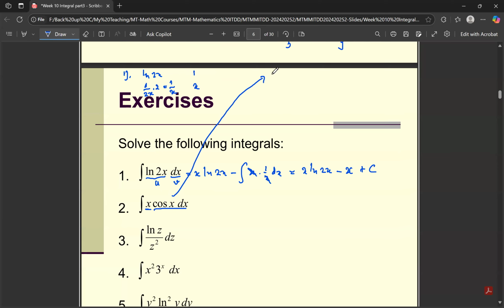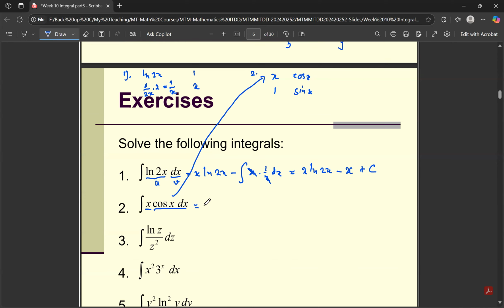So we have the differentiation of x, which is 1, and then we have cos x, and the integral of cos x will be sine x. And so we have integration by parts.